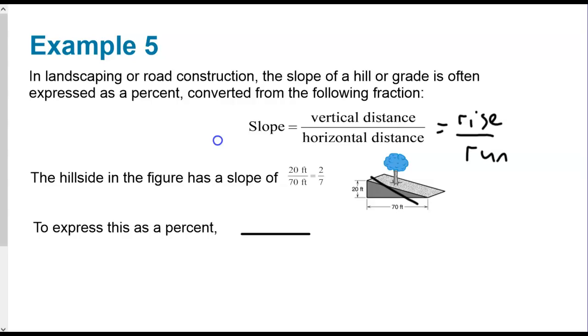And so to be able to calculate this, we say that we look at this and it has a rise of 20 feet and a horizontal distance of 70 feet. And so we can reduce those down to 2/7. To solve that as a percent, I'm sure you're way ahead of me already.